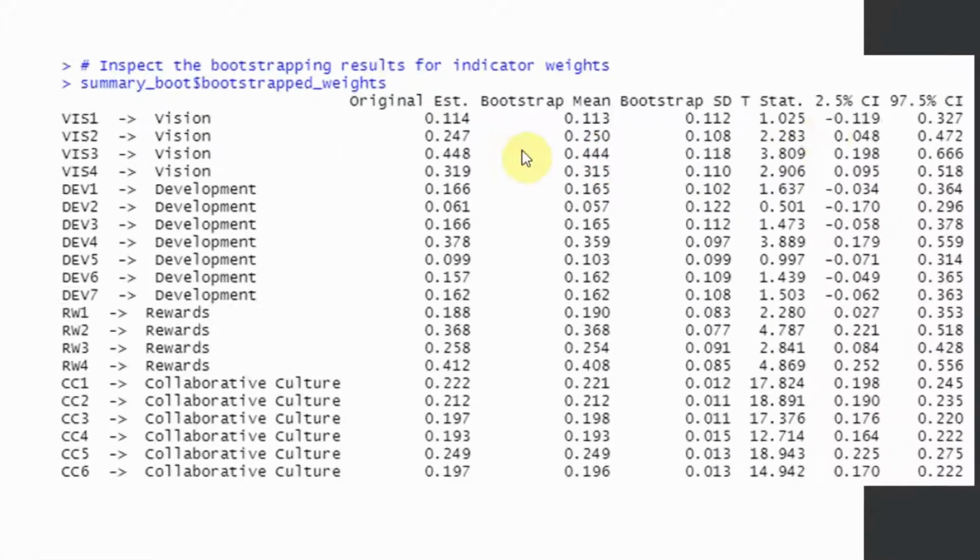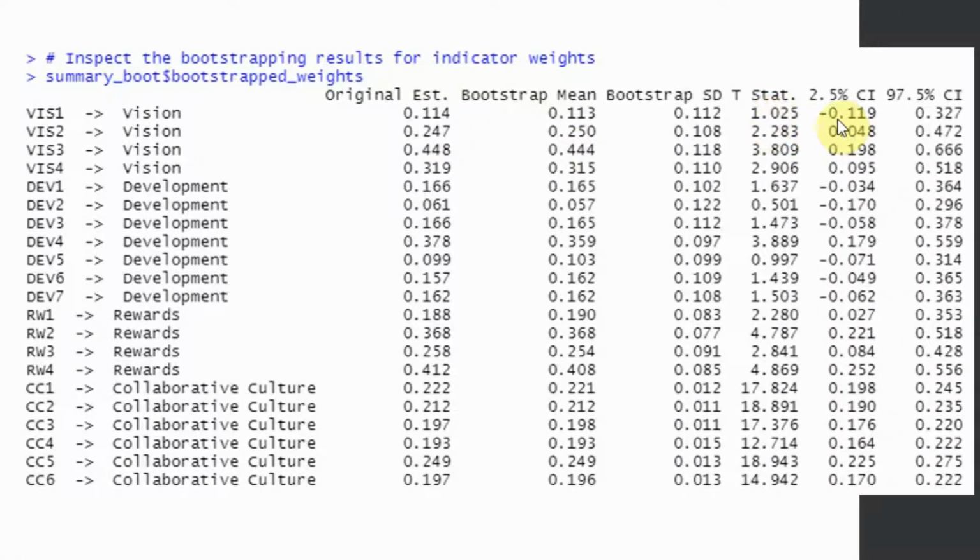Now let's look at this. Again, this was insignificant. Is there a 0 in between? Well, yes. This is minus, this is plus. So there is a 0 in between this minus 0.119 and positive 0.327. Here there is no 0 in between. Both of them are positive, so there is no 0.